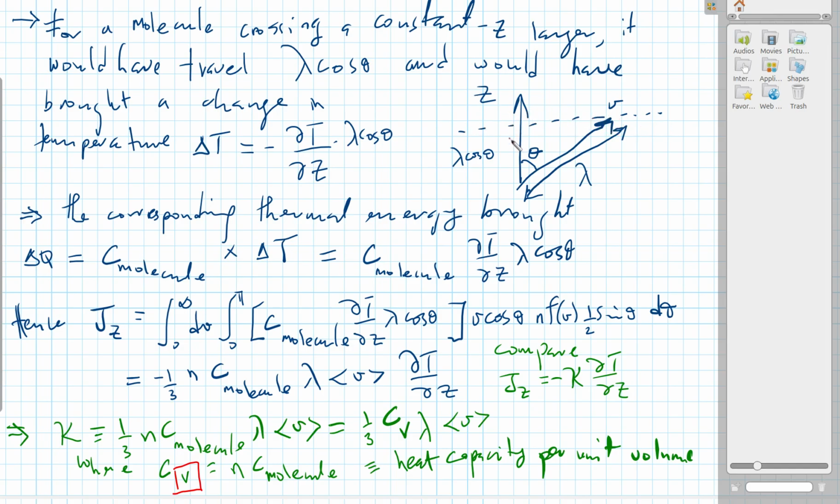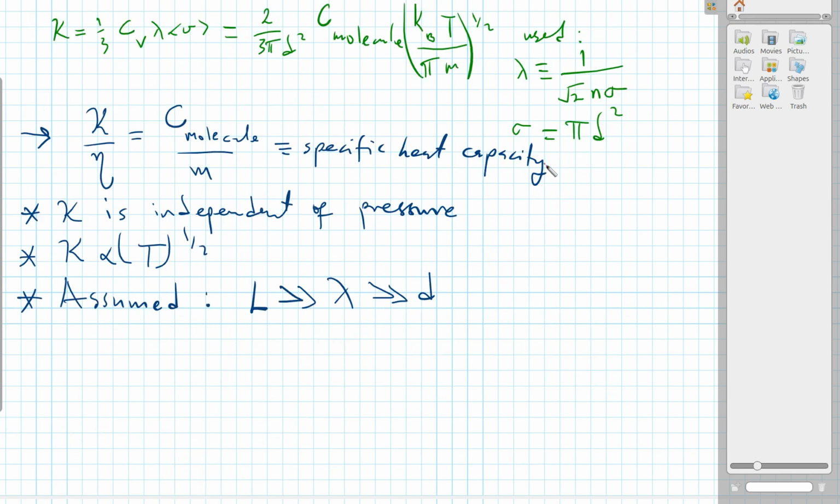But this is not really true because, considering a unit area, it can be shown, and it makes sense, that molecules with greater velocities are going to cross that particular area more often than particles with lesser speed values, right? So this is a simplification which we have used.